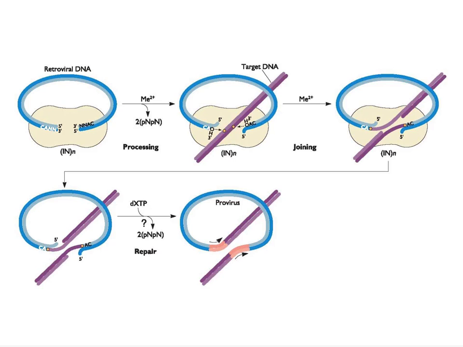The integrase then nicks the host target DNA at these 2 sites. You can see now we have a nicked target DNA. It doesn't chew back the target DNA, it just nicks it. So now we have 2 single-strand 5' and 3' ends on the target DNA.